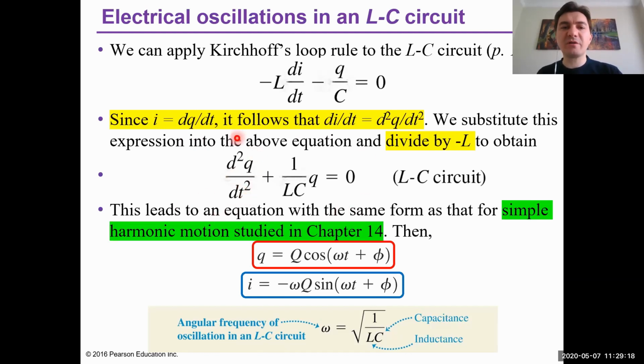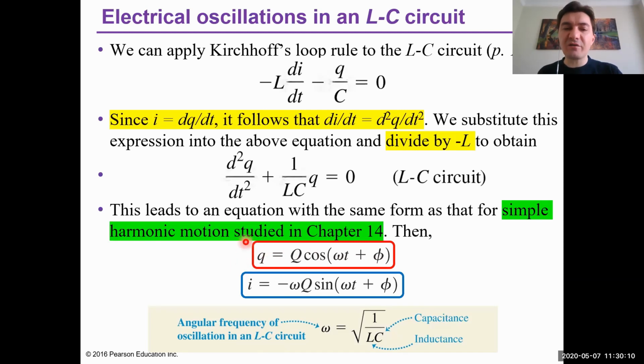So this term on the left side plus 1 over LC times Q is equal to 0 for the LC circuit. What do you see here? Look at that expression. This leads to an equation with the same form as that for simple harmonic motion, which we have seen in Physics 1 in chapter 14. Then from that equation, we can get the equation for charge. So what do you see here?